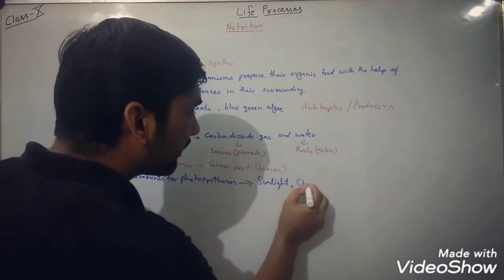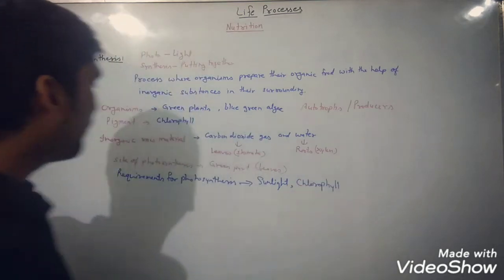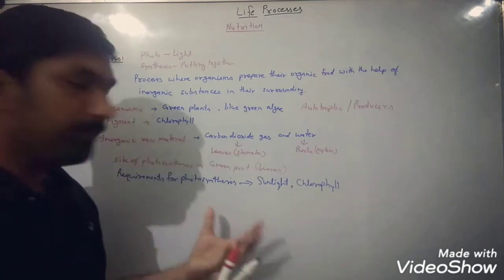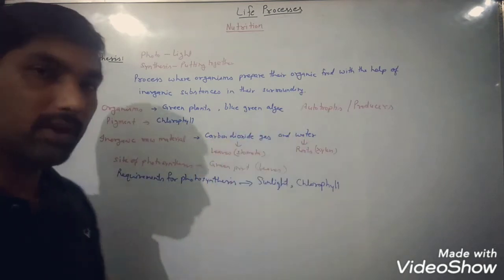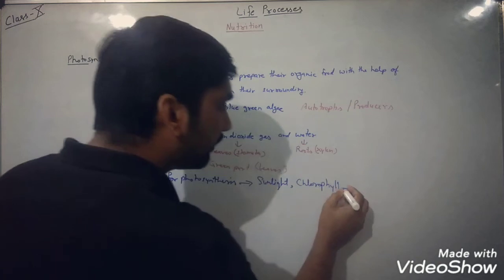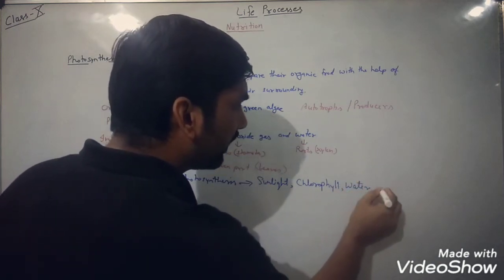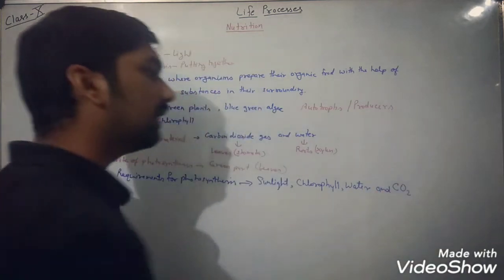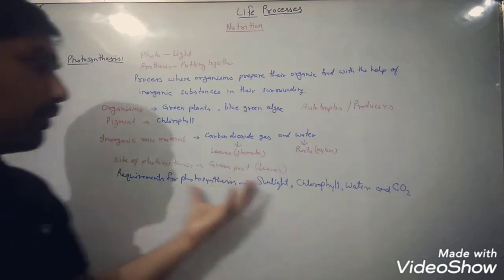So sunlight, chlorophyll. The raw materials used during this process are carbon dioxide and water. So water and carbon dioxide gas are also requirements for photosynthesis.